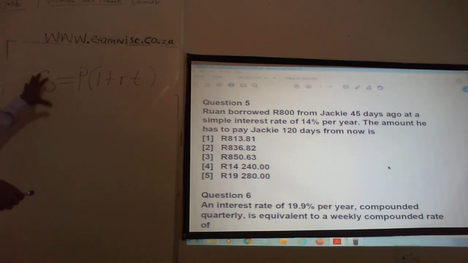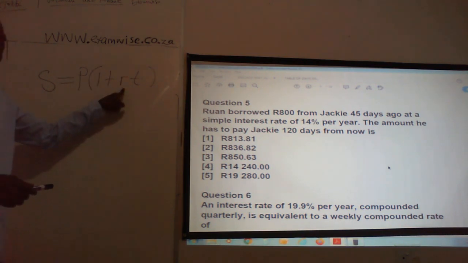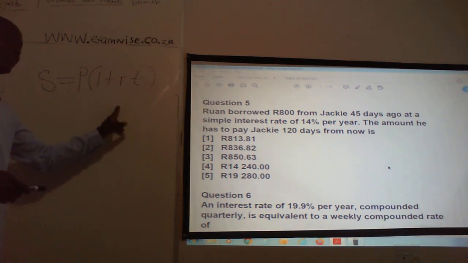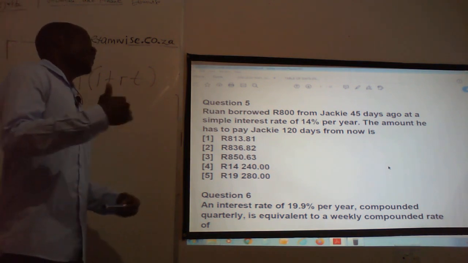S represents the future value or sum accumulated, P represents our present value or principal, R represents the simple interest rate as a decimal, and T represents the time in years.